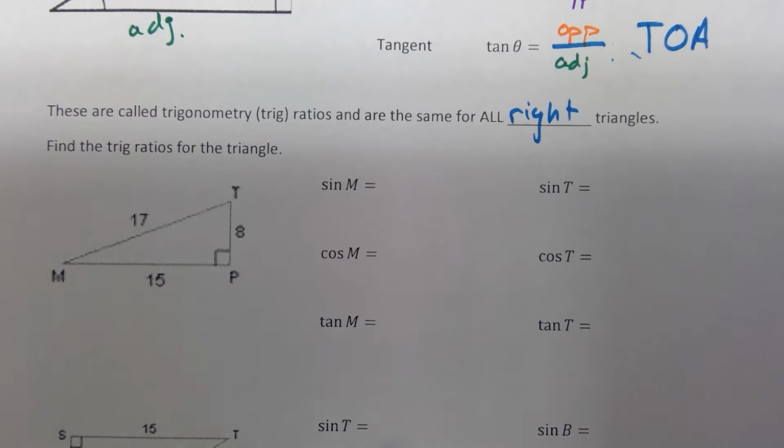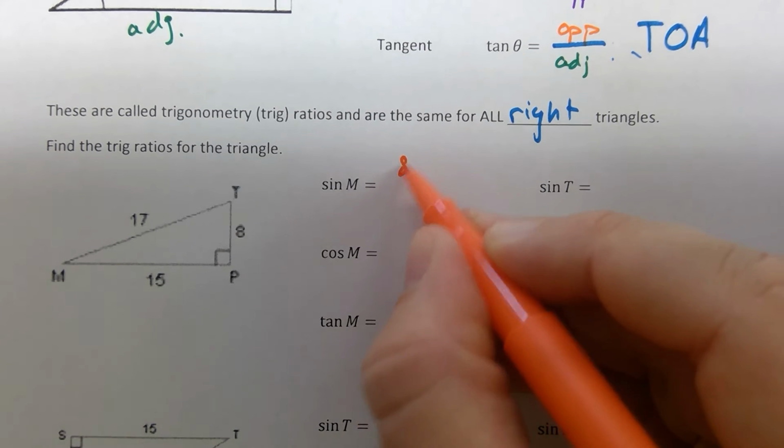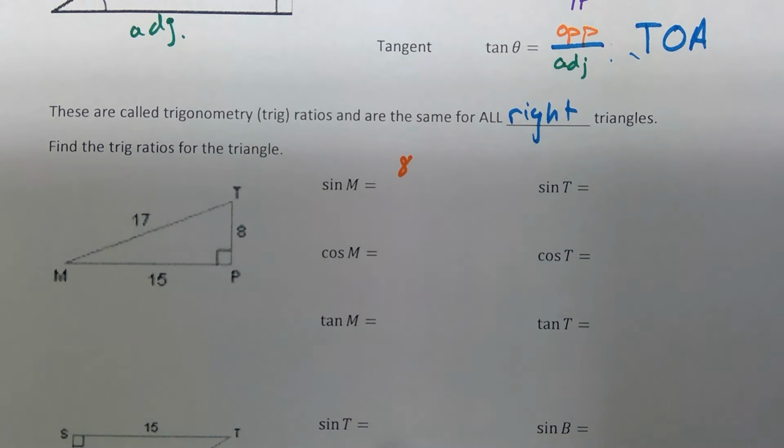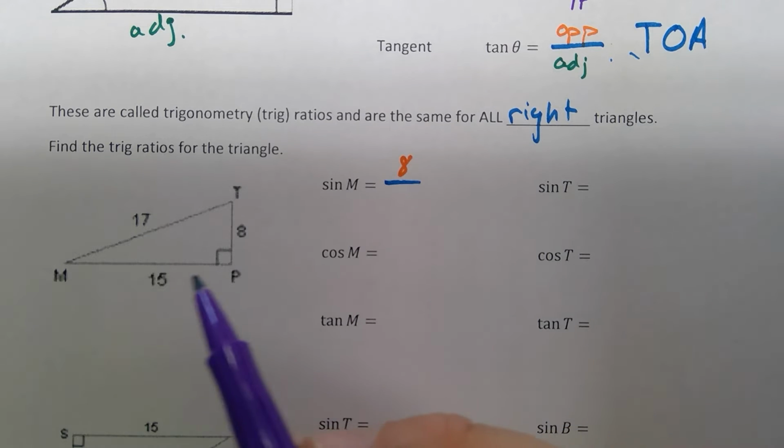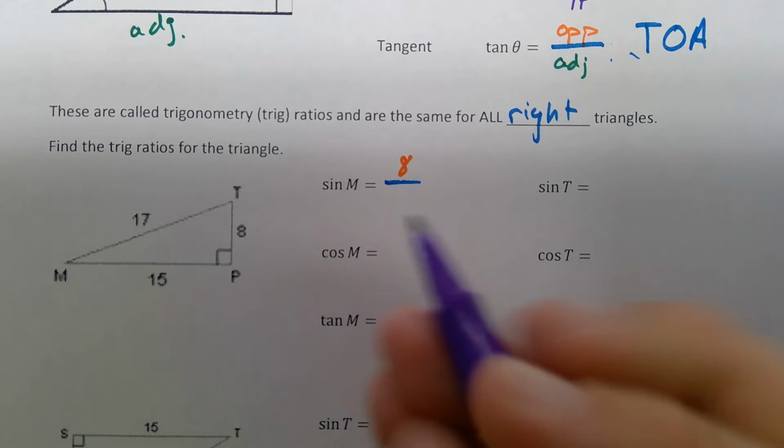So, if I say sine of M, M is my reference angle, okay? So I'm not going to write my side labels here, because I'm using angle M as well as angle T in the right-hand column. So with sine of M, I want my opposite side, which is 8, over my hypotenuse side, which is going to be 17.